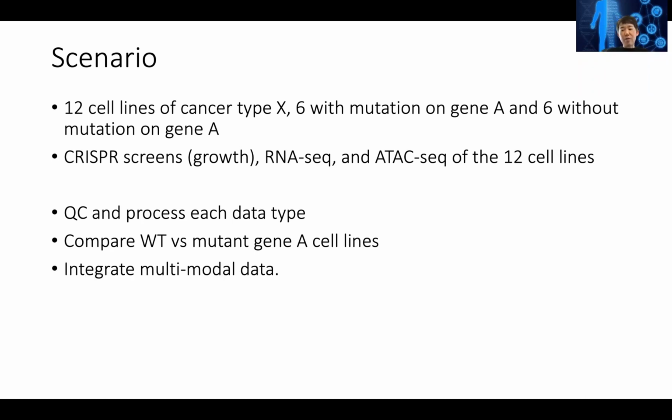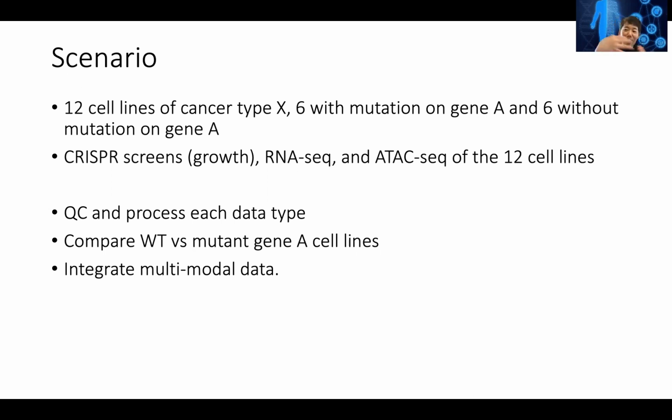The third is integrate. How do I combine the different modalities? How do I integrate the RNA-seq and ATAC-seq of the same cell line? For example, through Cistrome GO, you ask, are the genes that have more ATAC-seq peaks and also higher RNA-seq more essential in the CRISPR screens, right?